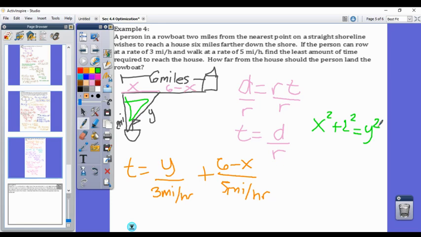So I can solve for y by taking the square root. I'm not going to care about the negative square root, because that would mean the distance y is negative and he'd be going backwards, and that's not going to work. So y is going to be the square root of x squared plus 4. Now we're going to substitute that in here for y.